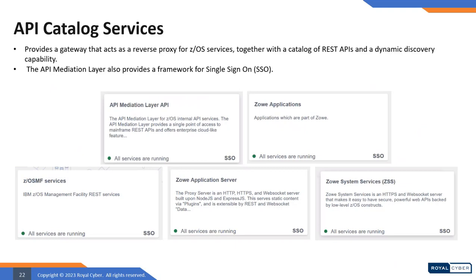And you can also create and onboard your REST API services, and that can be accessible via this API catalog. So we can create the REST API services and include them in this catalog mediation layer and try to modernize your application.